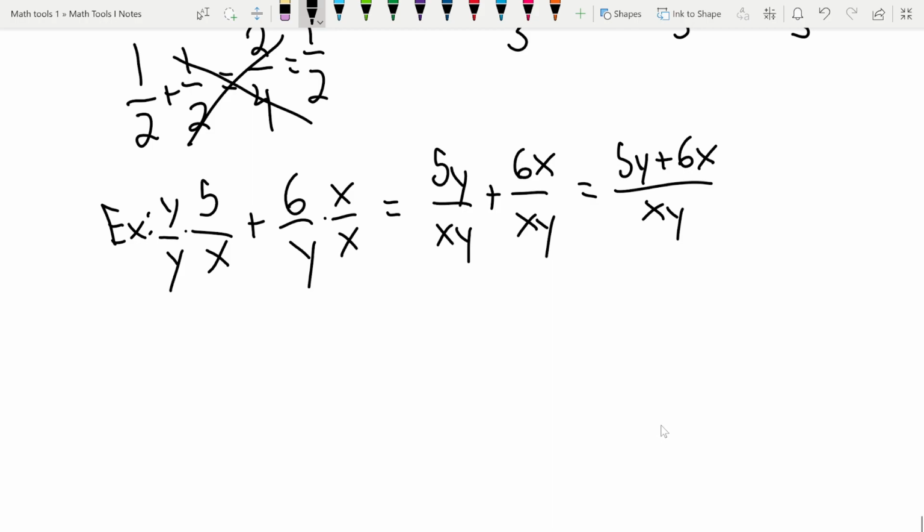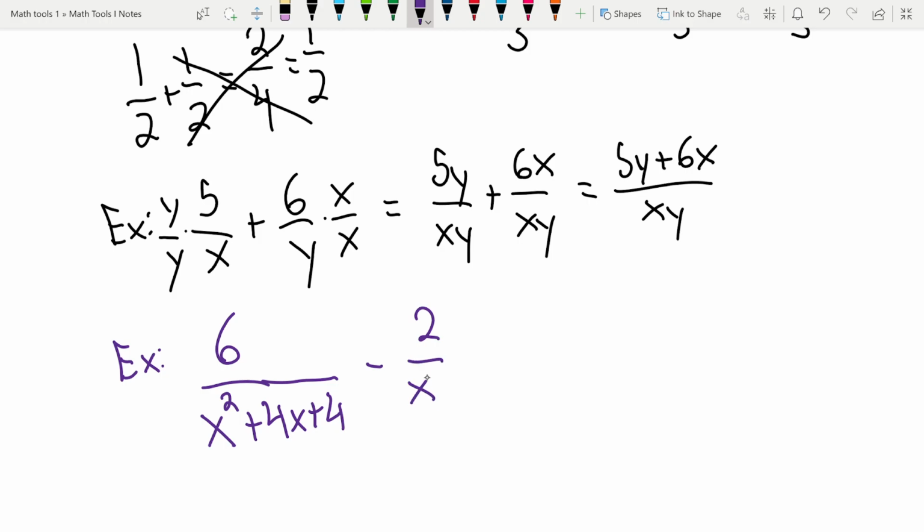All right, so now let's do another example. This one happens to have subtraction, but it really doesn't make too much of a difference. So 6 over x squared plus 4x plus 4 minus 2 over x squared minus 4. So we're looking for the common denominator of x squared minus 4 and x squared plus 4x plus 4.